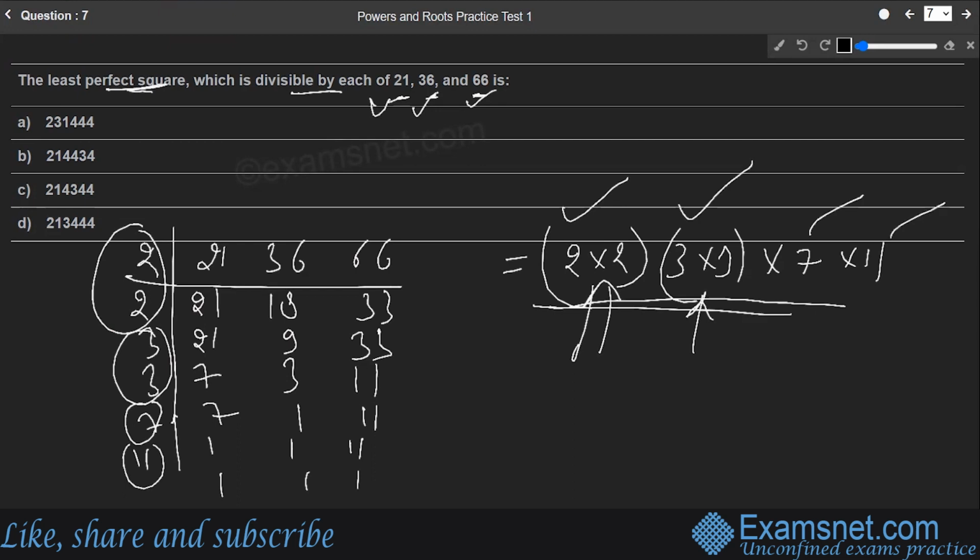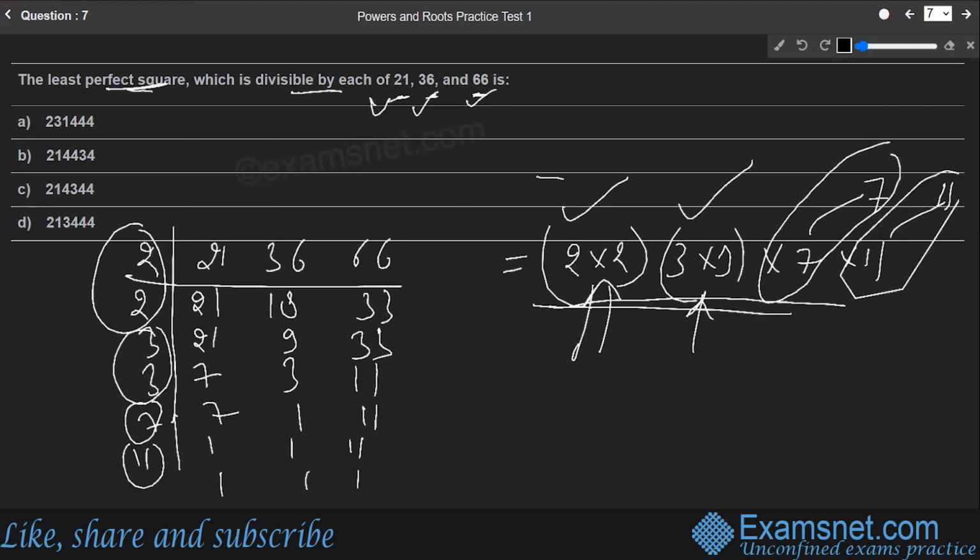So this LCM will become a perfect square only when you multiply the whole expression by one more 7 to make a pair of 7, like the pairs of 2 and 3 already made. Similarly, the whole expression will be multiplied by 11 also, so that 11 also gets its pair. So clearly the required number is 2 square into 3 square into 7 square into 11 square.